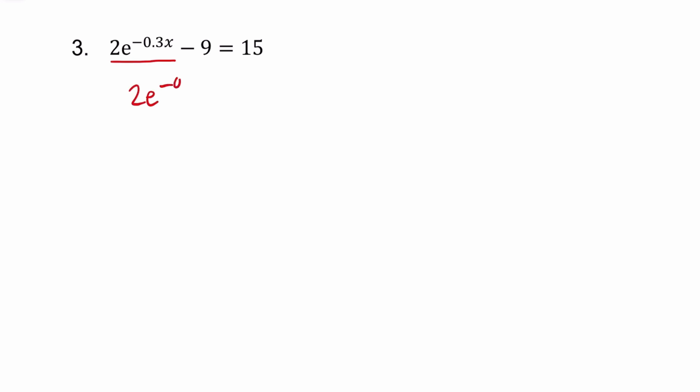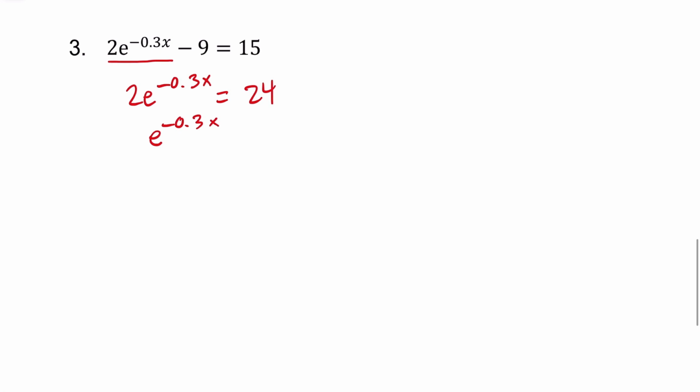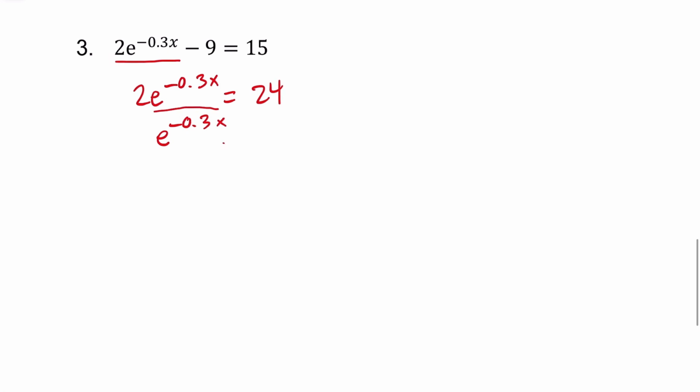So that gives me 2e to the power of negative 0.3x equals 24. And now to simplify further, I would divide by 2 on both sides to isolate for this. And that equals 12.